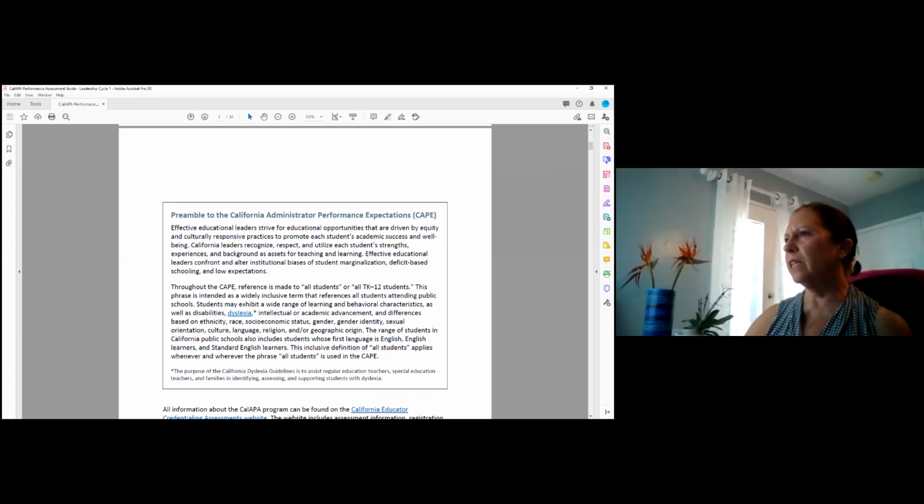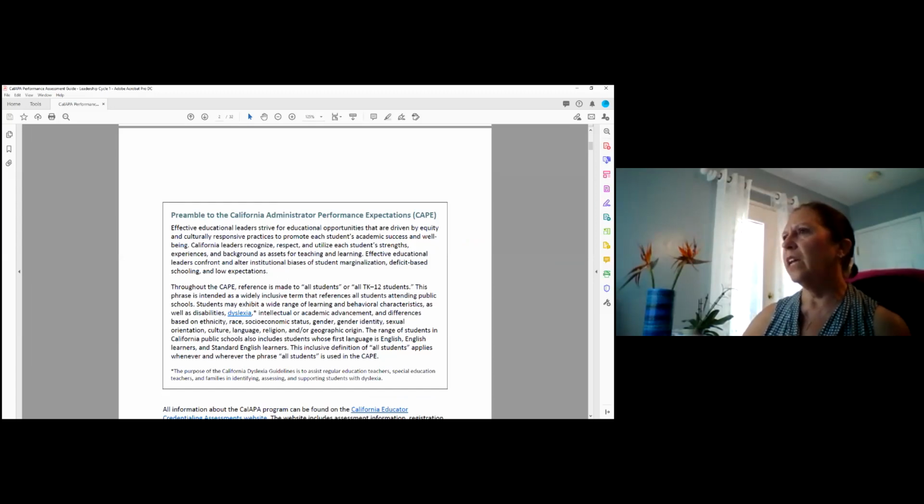We do always like to pause when we're talking about our assessment guides and point out the preamble that was created and is here and it shows up in the front of each of the 3 CalAPA leadership guides.